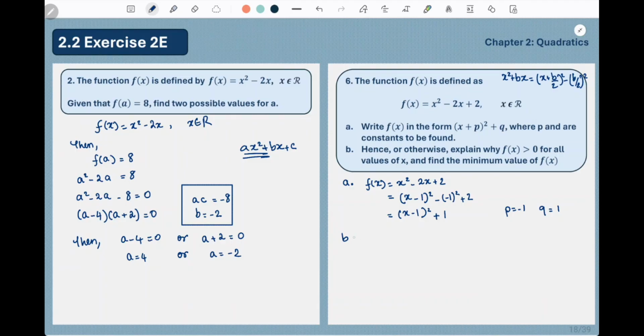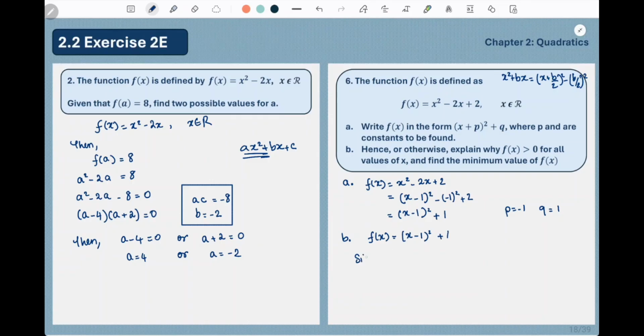Hence, or otherwise, explain why f(x) is more than 0 for all values of x, and find the minimum value of f(x). So looking at my function, what is f(x)? f(x) is (x minus 1) squared plus 1, right?